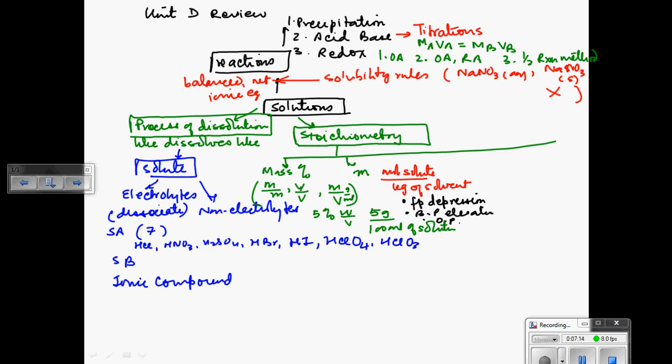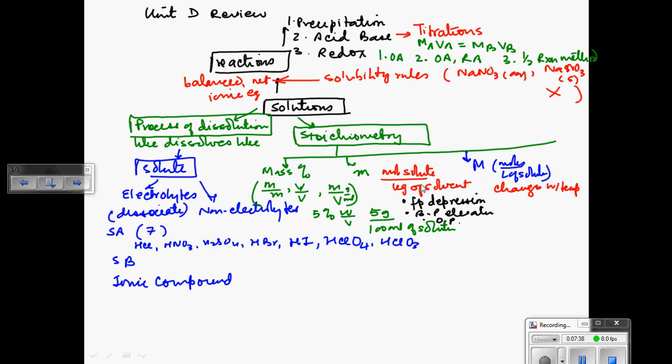The next quantity is molarity. It is moles per liter of solution, and molarity changes with temperature. So any place where you're changing the temperature, molarity is not a good quantity to use. That's where you use molality.